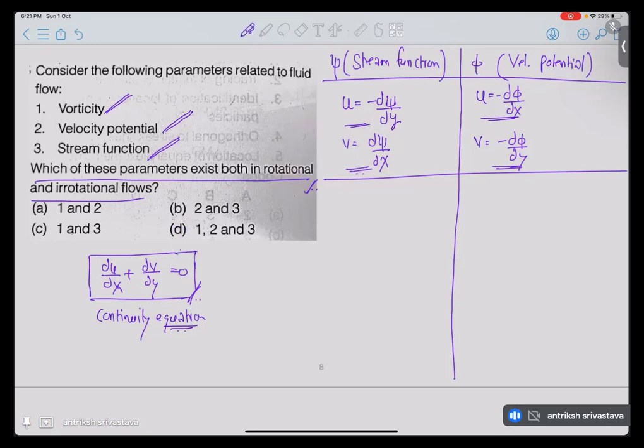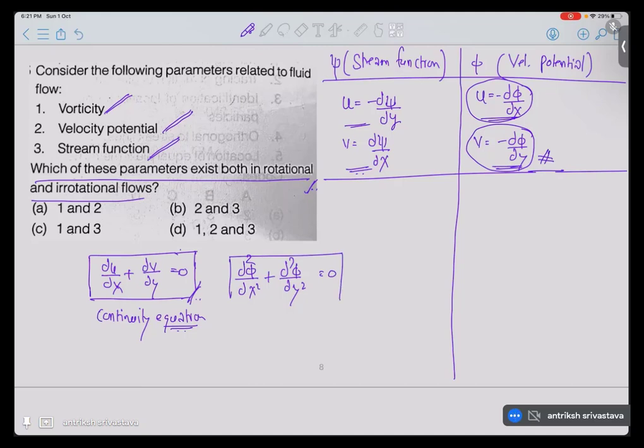If I substitute u and v from the velocity potential, then what do we observe? We get ∂²φ/∂x² minus ∂²φ/∂y² is equal to 0. When you take out the minus sign common, we get this expression. Now, what is this expression?